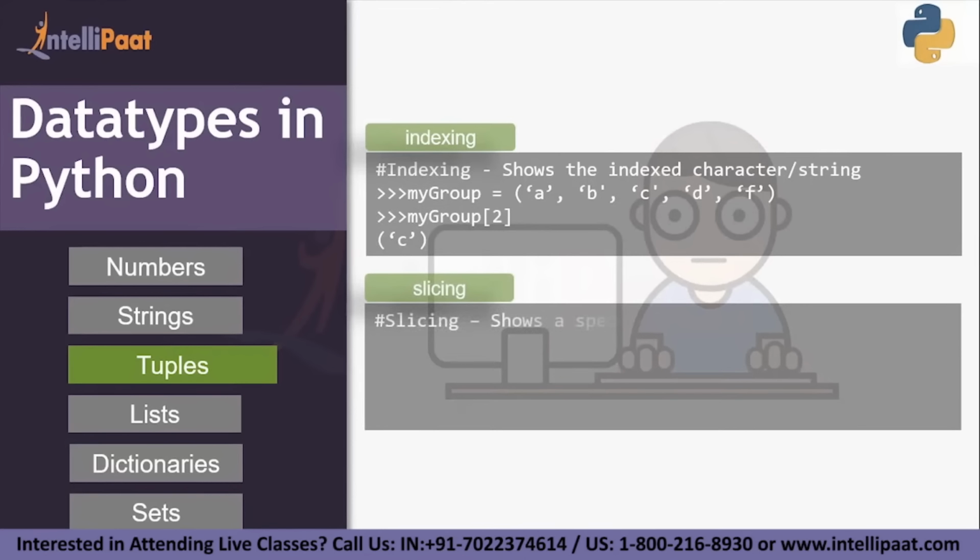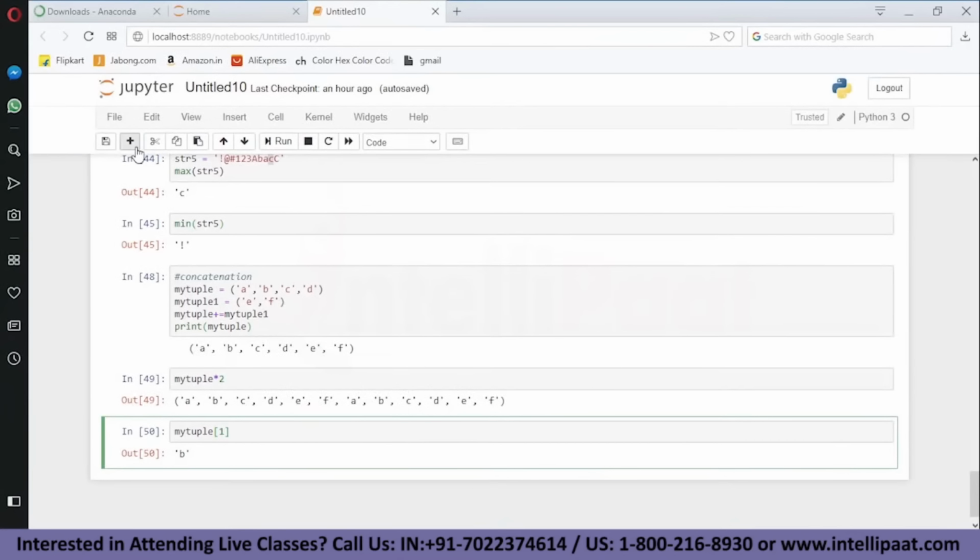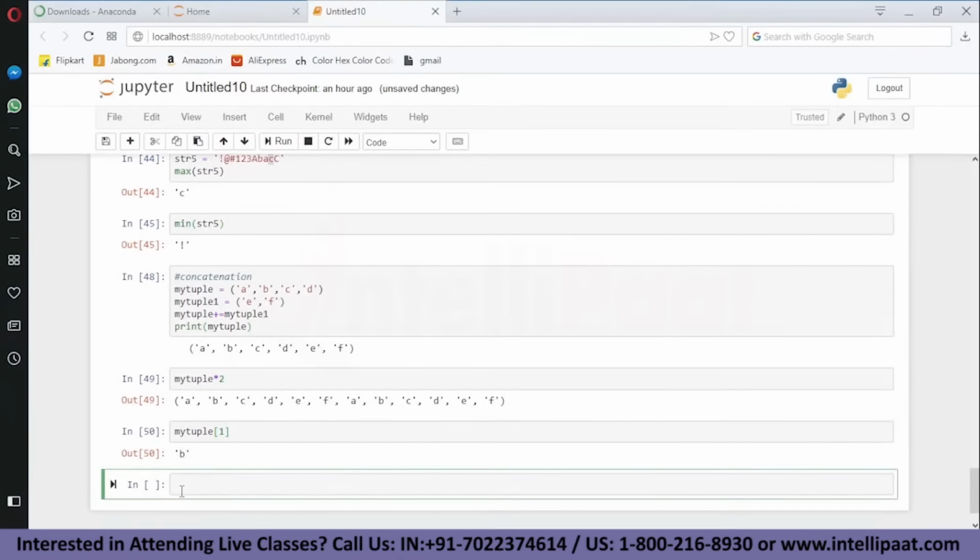Next is slicing. Slicing shows a specific set of characters or strings by index. For example, I want a specific set of strings which lies between index number 1 to 4.